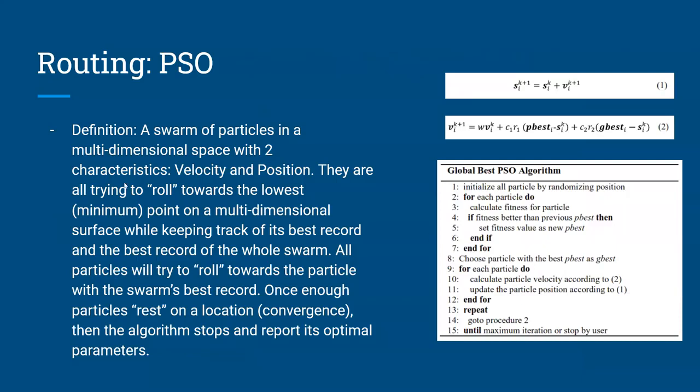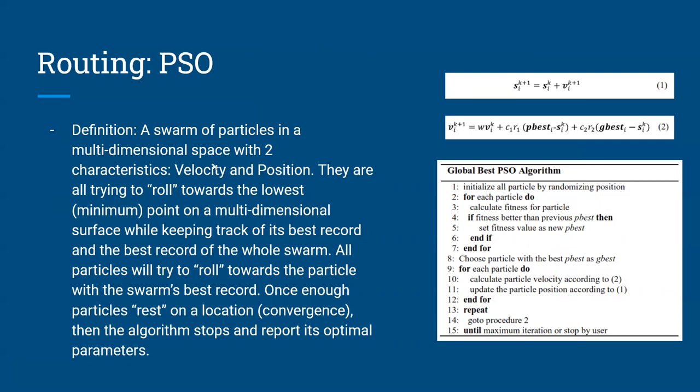So here is PSO. How does PSO work? The definition of PSO is that we have a swarm, a population of particles in a multidimensional space with only two characteristics, their velocity and position.